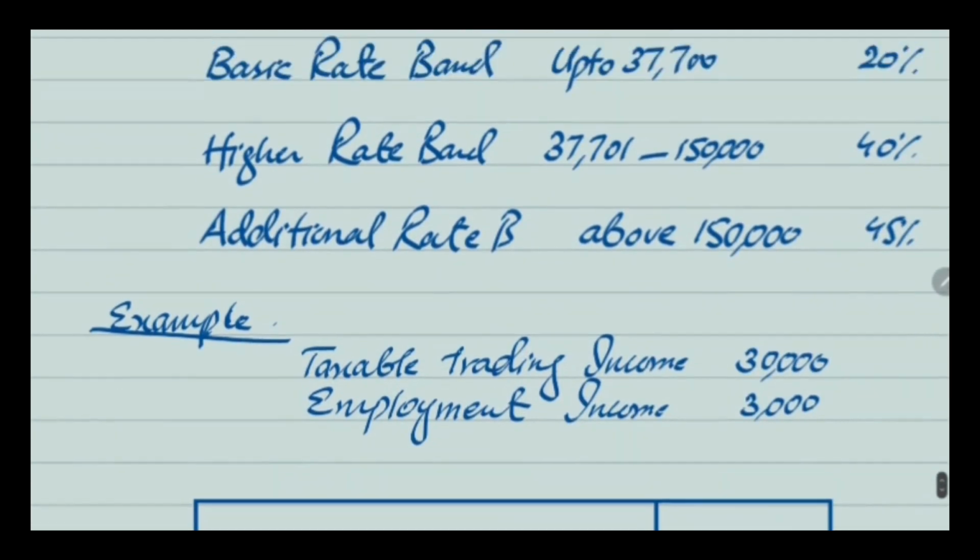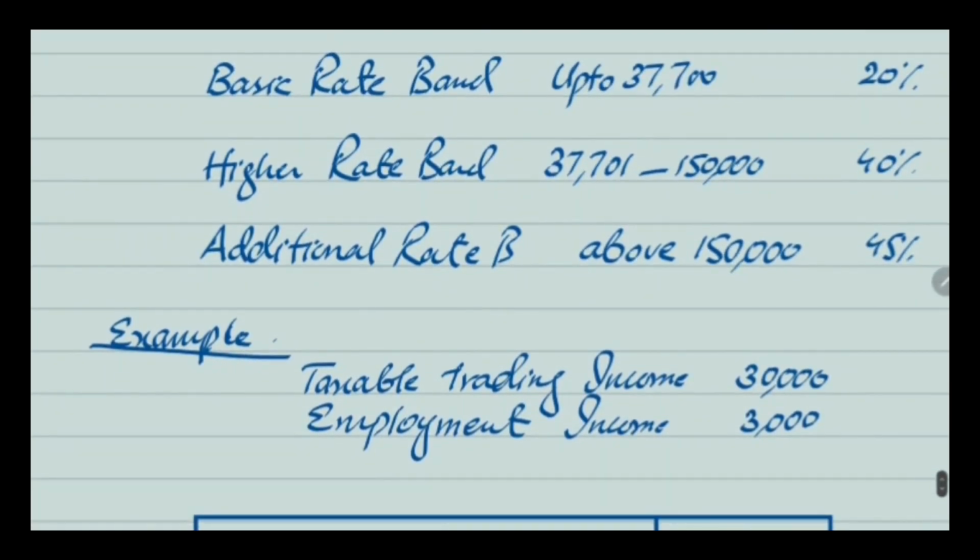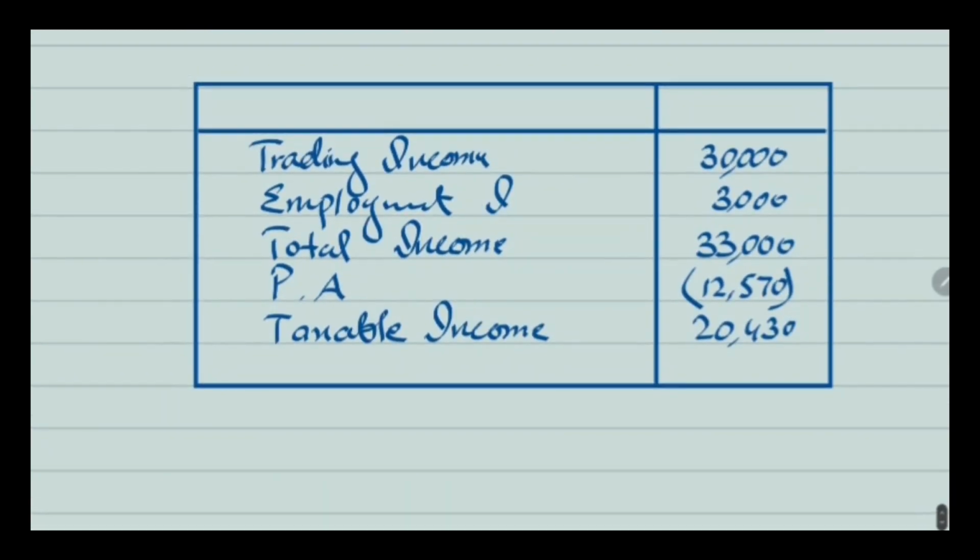And as his income lies in the basic rate band, meaning his income is up to 37,700, it will be taxed at the rate of 20%. So 20,430 at the rate of 20% gives you a tax liability of 4,086.